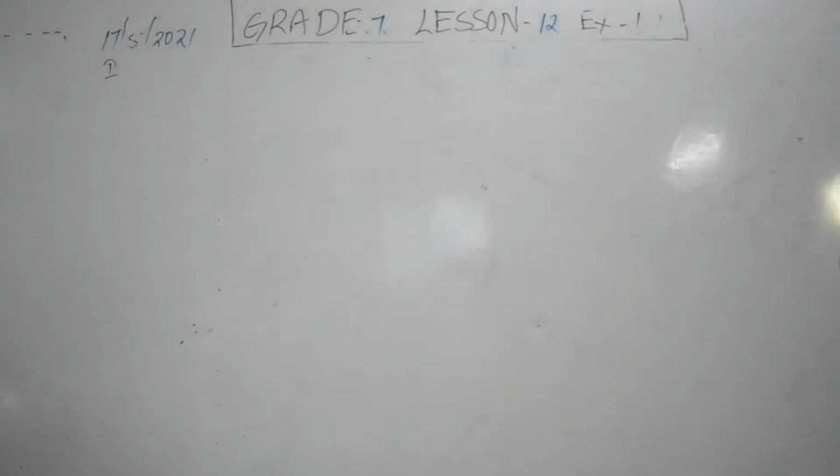In quadrilateral PQRS, name sides, angles, vertices and diagonals. Next, also name the pairs of adjacent sides, adjacent angles, opposite sides and opposite angles, they are asking. First one.